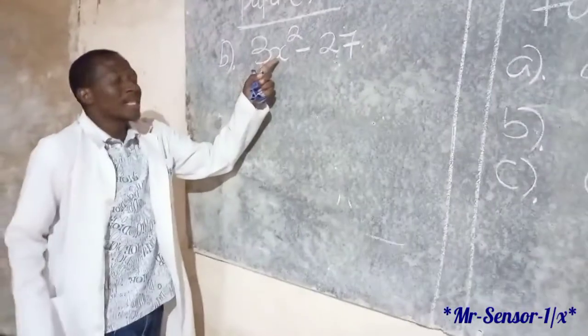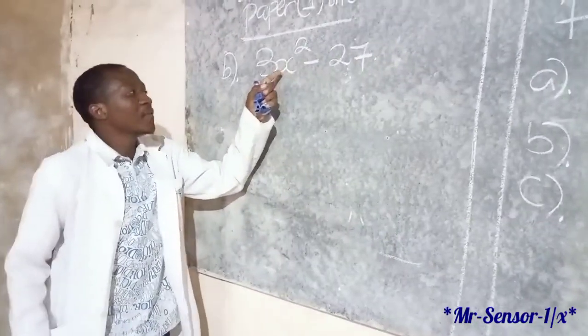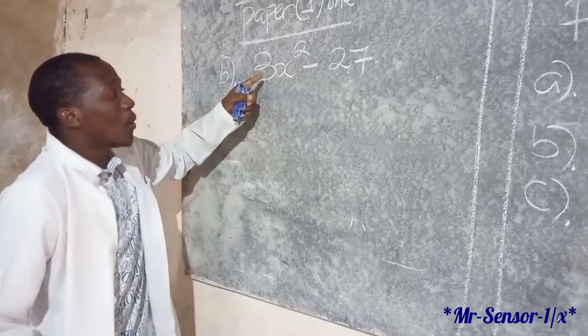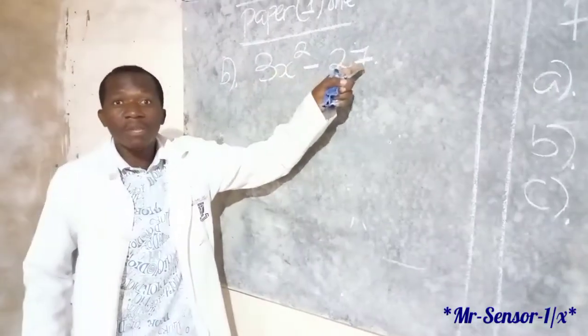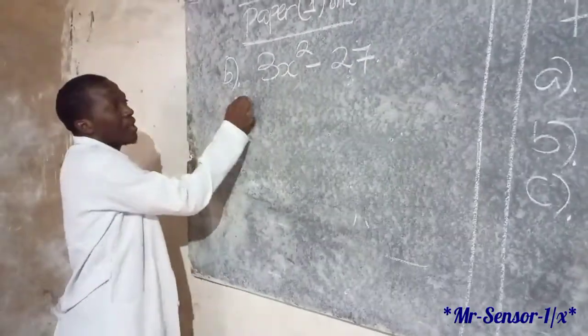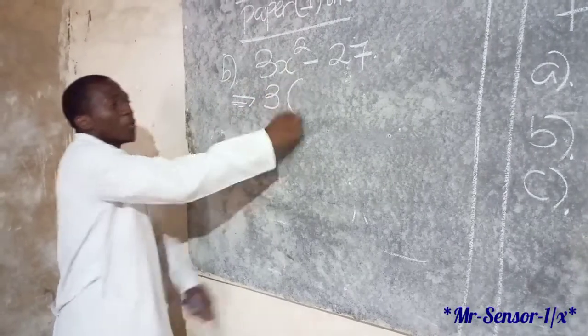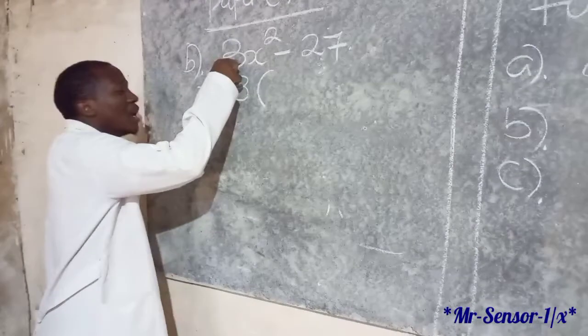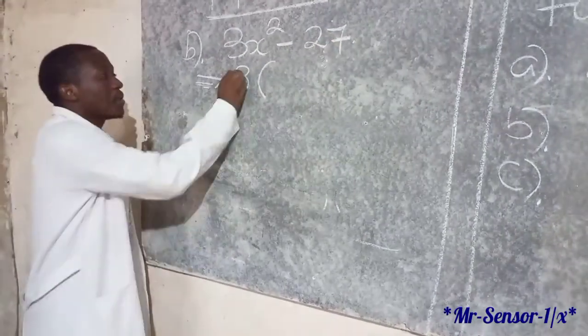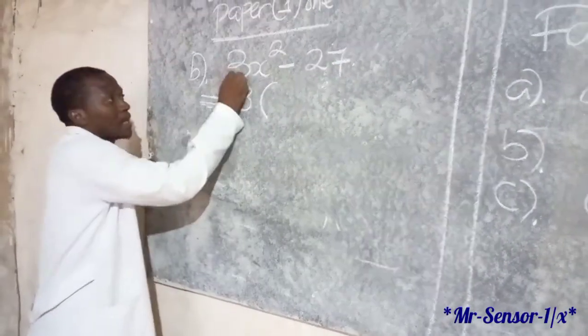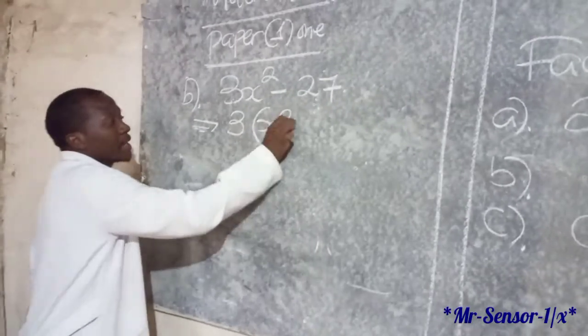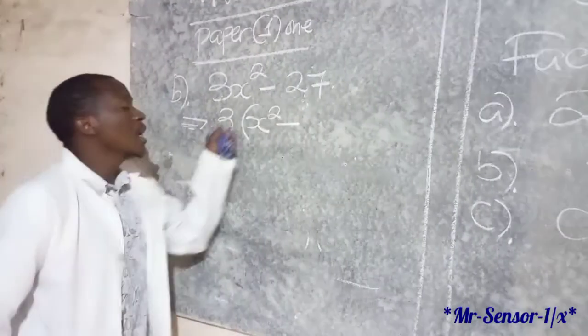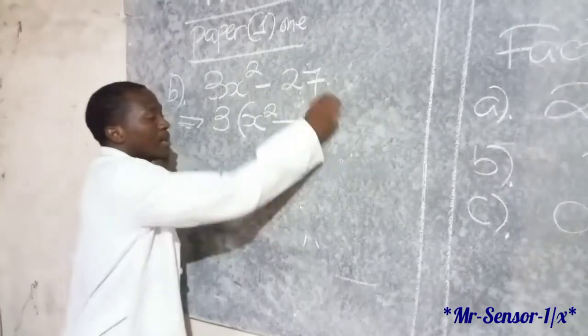We aren't going to consider x being common, and this is for the reason that it is only combined with 3 but neither with 27. So we are going to find that 3 is common. So we say 3 is common, we introduce the brackets. This 3 should be divided into 3, also into 27. So 3 into 3, it's 1, or it cancels out, leaving behind x squared minus 3 into 27 is going to give us a 9.